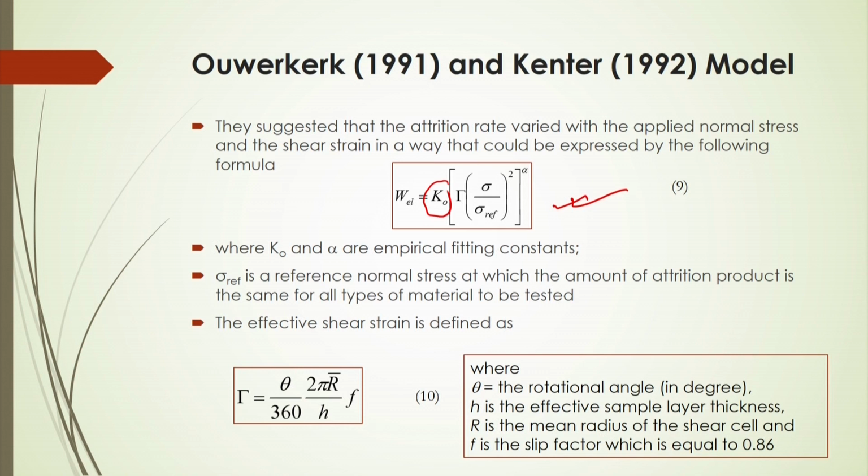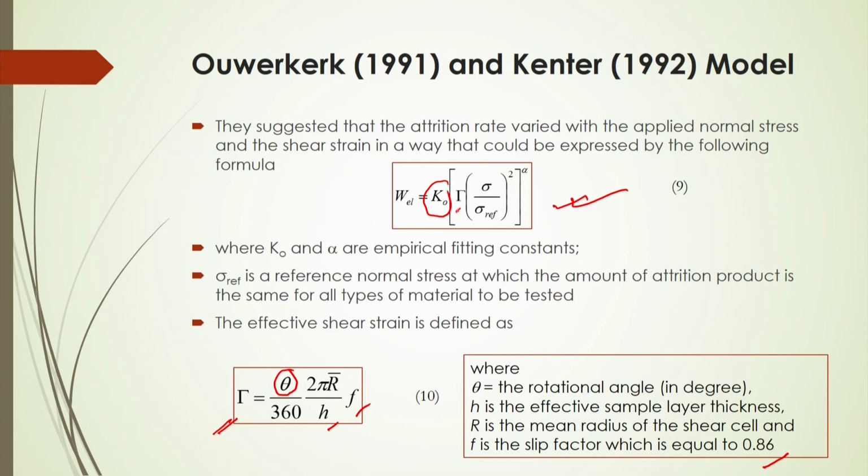This is the effective shear strain, defined as theta by 360 into 2 pi r bar by h into f, where theta is the rotational angle in the device in which this attrition test is being done, h is the effective sample layer thickness, r bar is the mean radius of the shear cell in which this test is being done, and f is the slip factor, which is equal to 0.86. After substituting these values during the experiment, you will get this shear strain.